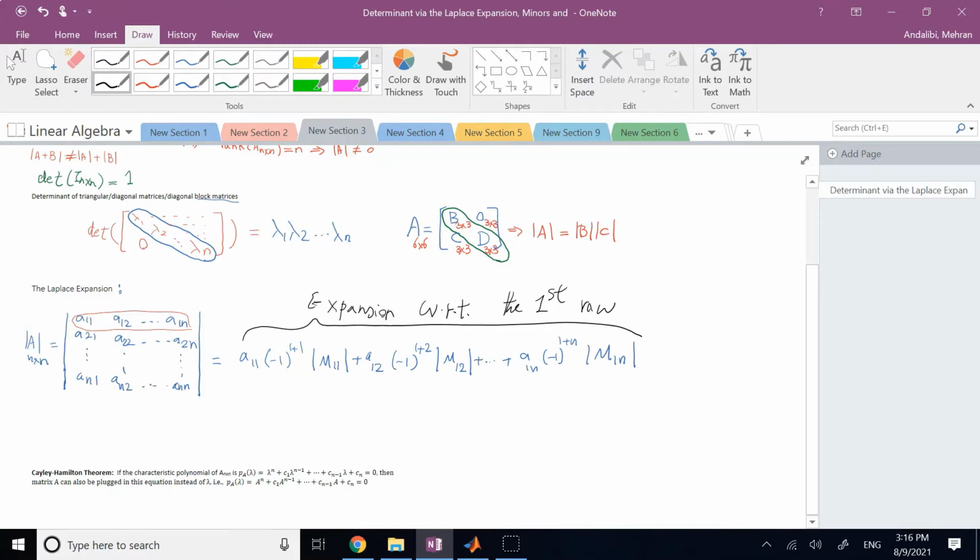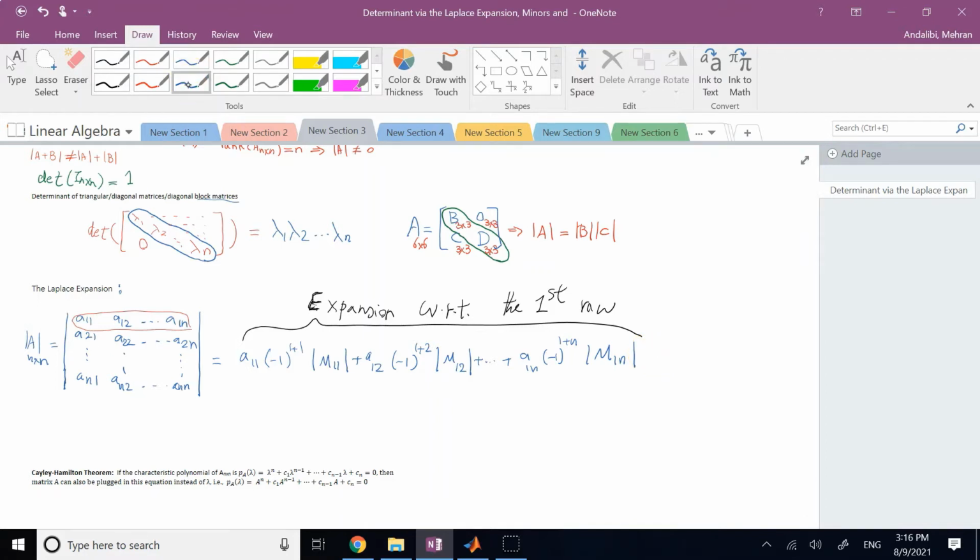And all of them will give you the same number, so it does not really matter which one to use. But if you want to have some preference, I'll tell you which one is better to expand. So there are n rows and n columns, so in general there are 2 times n ways to expand this, right?